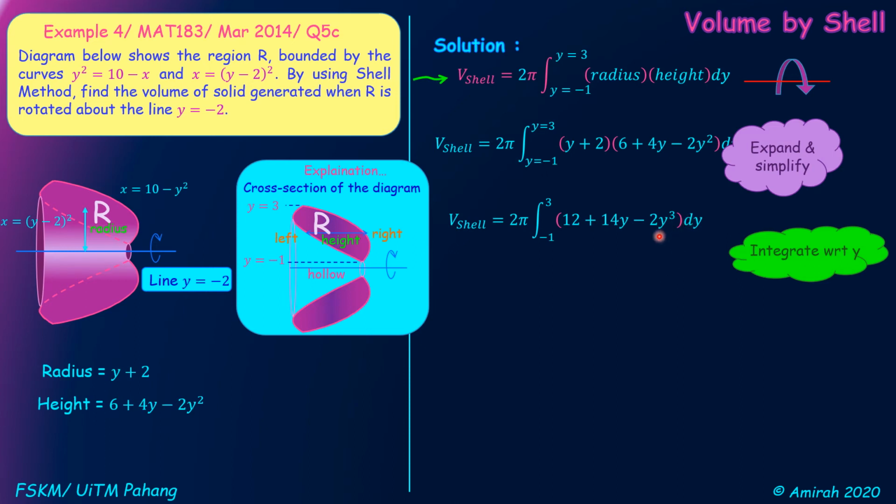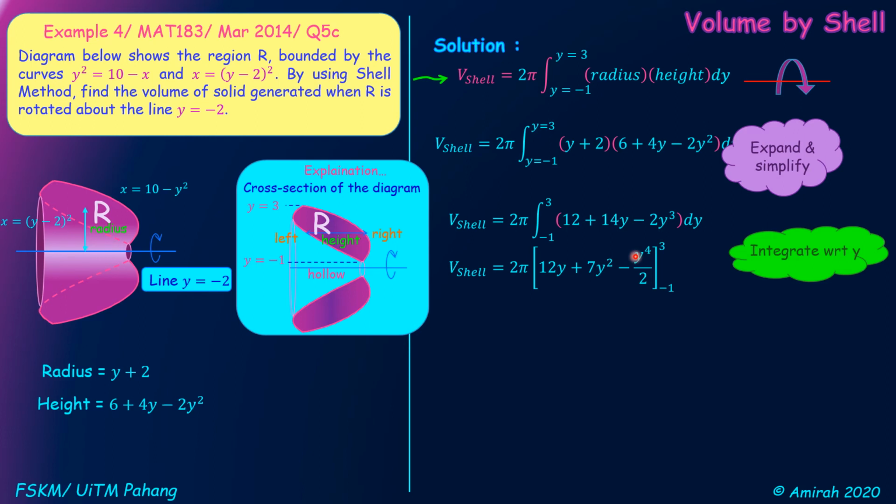After that, we need to integrate with respect to y. We still have the constant 2 pi here. We integrate 12 with respect to y, so we get 12y, plus the constant 14 times y squared over 2.